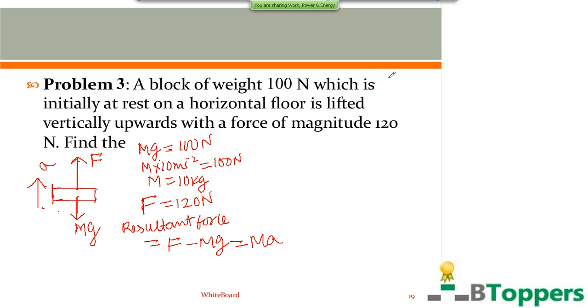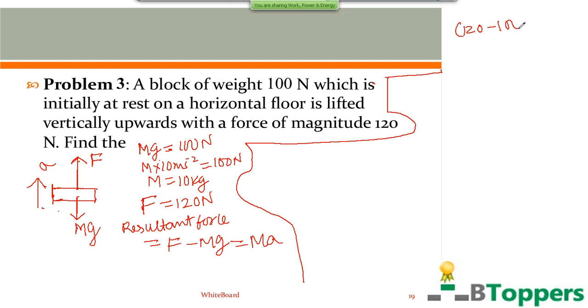So you can substitute all the given values. F equal to 120 newton on the left hand side, mg equal to 100 newton, and on the right side, mass m equal to 10 kg. So you get the magnitude of the acceleration of the block as 2 meters per second square.